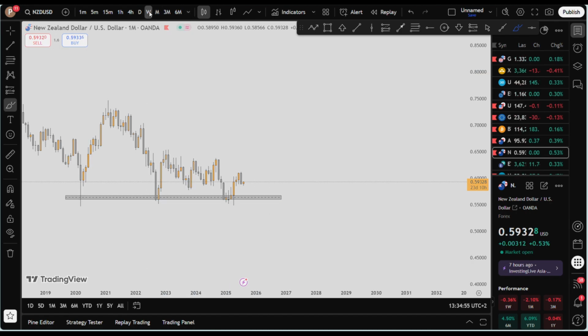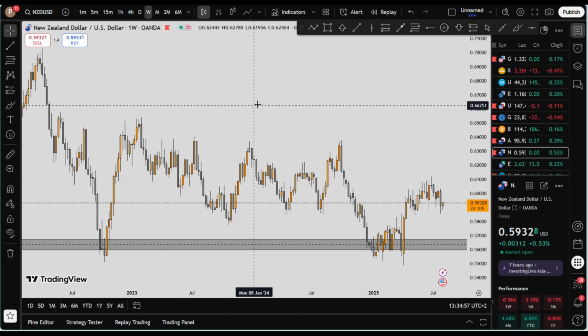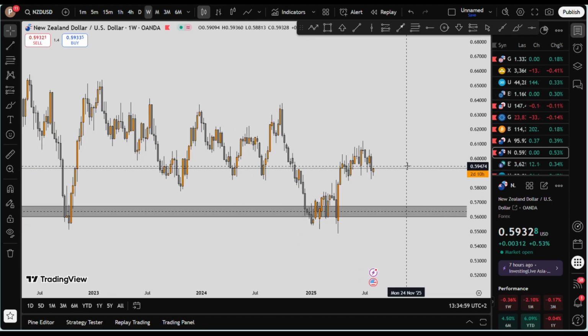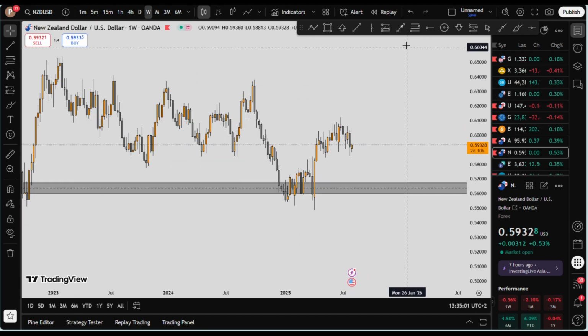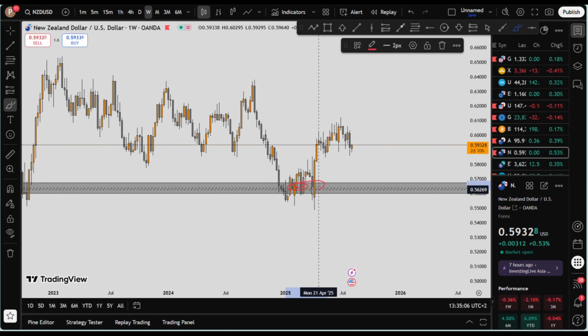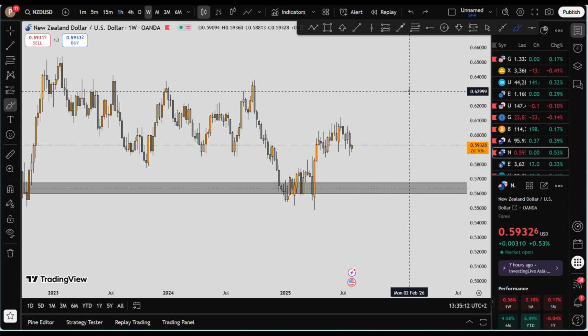So let's drop down to our weekly. On our weekly, we can clearly see that the market is in an uptrend. It's been impulsing from this zone upwards, indicating upwards pressure and impulse.